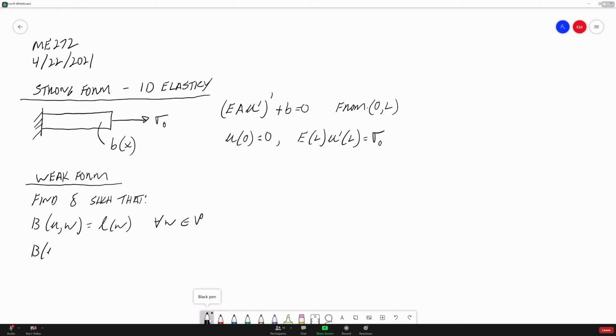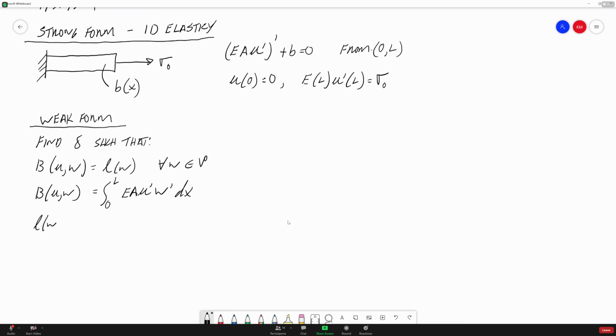Our bilinear functional is equal to the integral from 0 to L, elastic modulus times our area times strain, the derivative of our weight function, dx, and our linear functional is equal to the integral from 0 to L, body force times weight function dx, plus stress times area at the end of the beam, times the weighting function at the end of the beam.